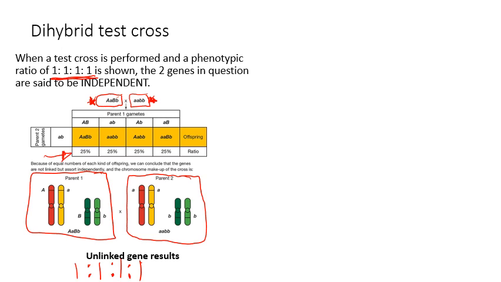So the takeaway message for this side of the screen is that when we perform a dihybrid test cross, if two genes are independent of each other, we are expecting a phenotypic ratio of 1 to 1 to 1 to 1, or you might say it as 25%, 25%, 25%, and 25% for each of the 4 phenotypes that we would see in the offspring. But the point is that they are all relatively equal in frequency.